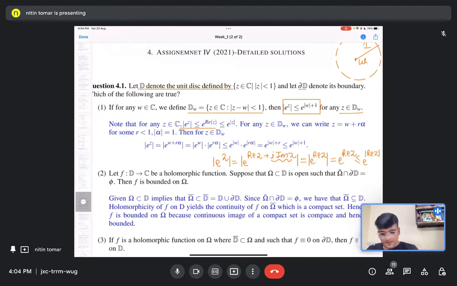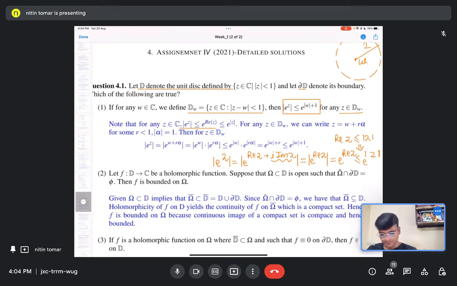Because the real part of z is less than or equal to mod z, and because exponential is a monotonically non-decreasing function, hence we have this inequality.